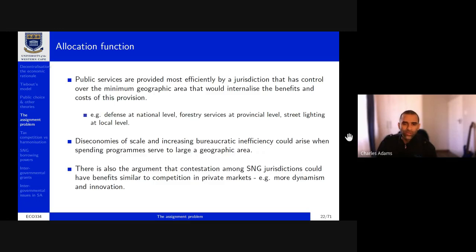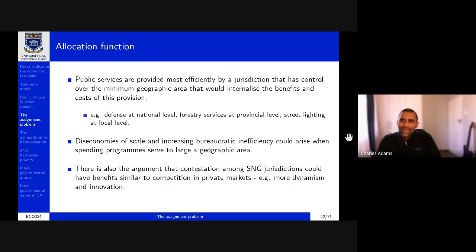Also, diseconomies of scale and increasing bureaucratic inefficiency could arise when spending programs serve too large a geographic area. And there's an argument that contestation among SMG jurisdictions could have benefits similar to competition in private markets. Again, this idea of innovation that arises due to different jurisdictions attempting different ways of administering a municipal government or a provincial government.